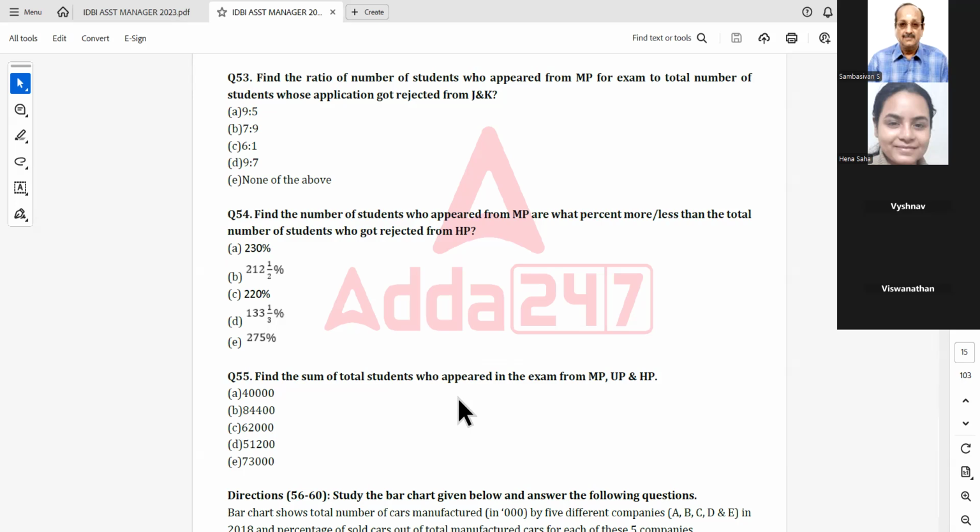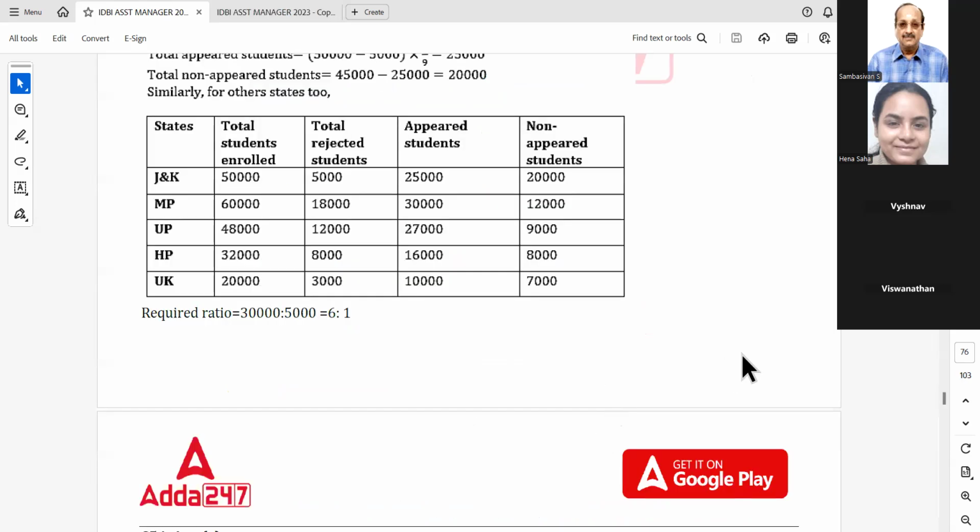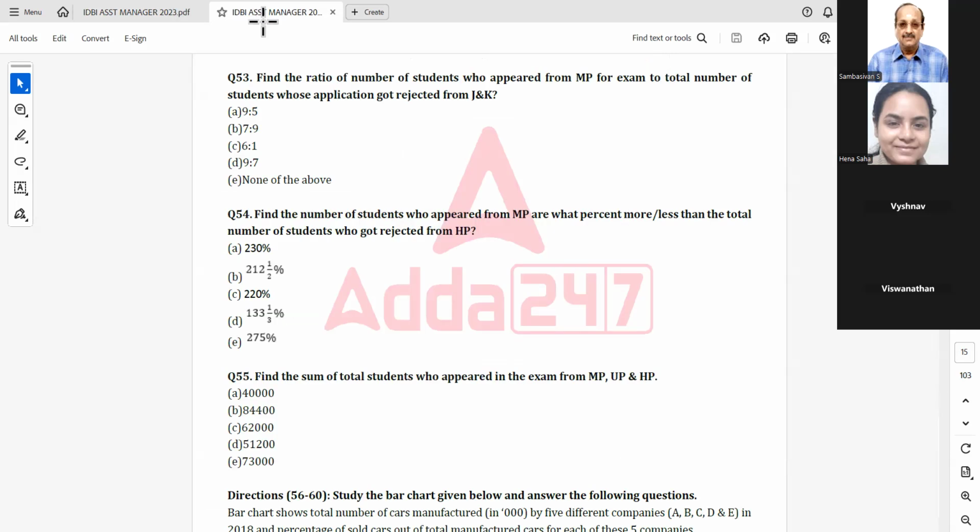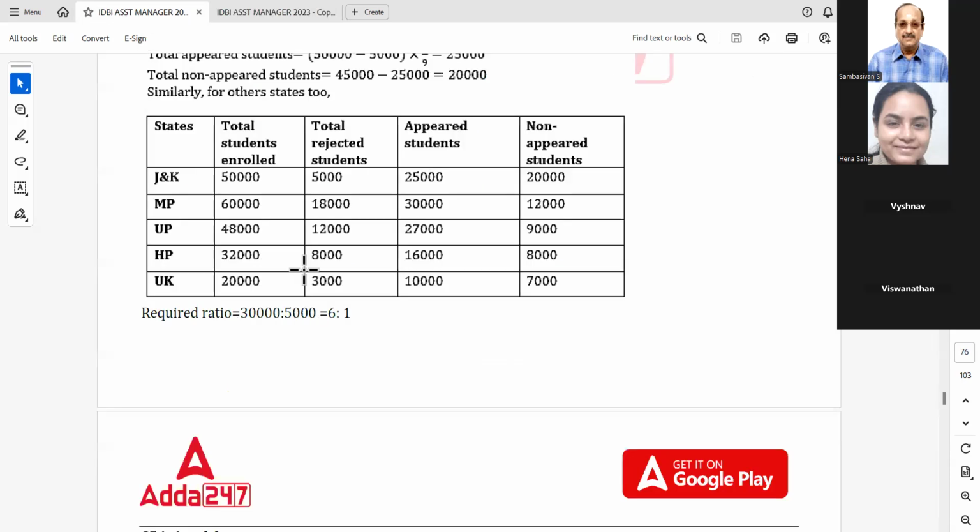Sir, can you show the figure again, this table again? What are the two figures required? One is Madhya Pradesh, the other is Himachal Pradesh. 30,000 divided by 8,000.